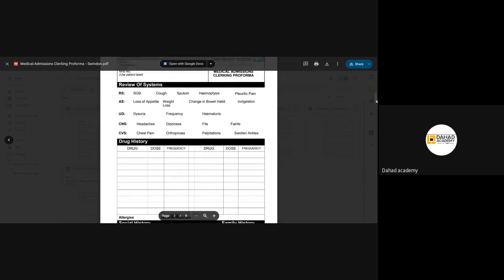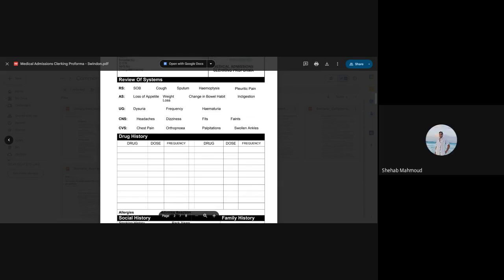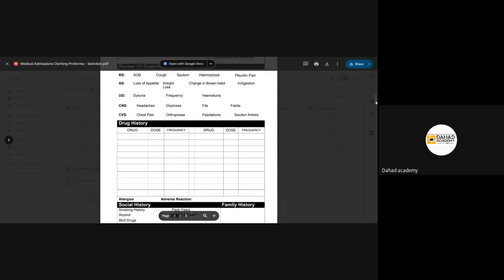Do you get what I mean? Are you with me? Yeah. Good. Then you will take the drug history, what the patient takes. The patient is on amlodipine for high blood pressure and is on ramipril as well for high blood pressure, and he is on a lot of other stuff as well.